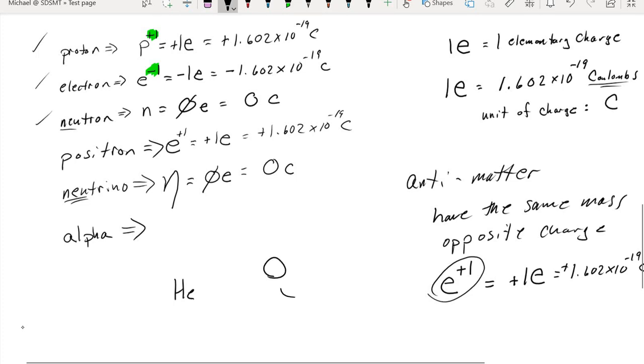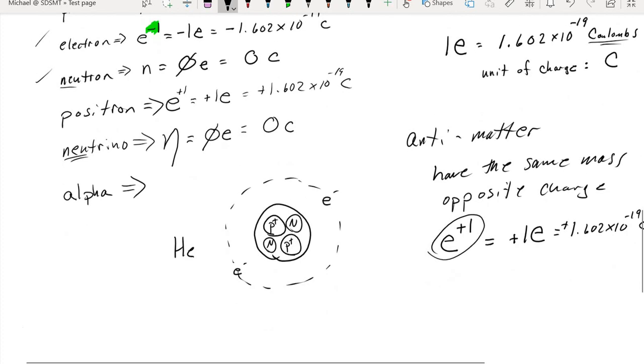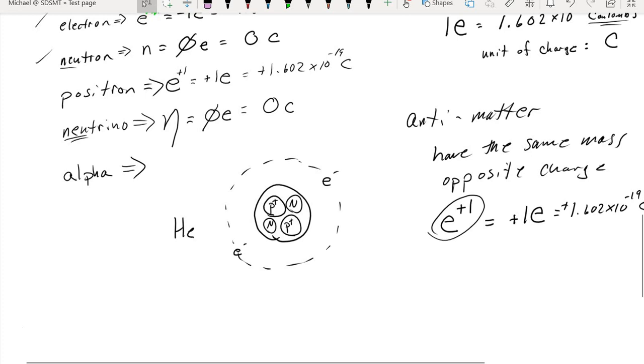helium is defined as having 2 protons, so 2p plus 2 neutrons. And then in order to make the atom itself neutral in terms of charge, we have 2 electrons orbiting around the nucleus of our helium atom.